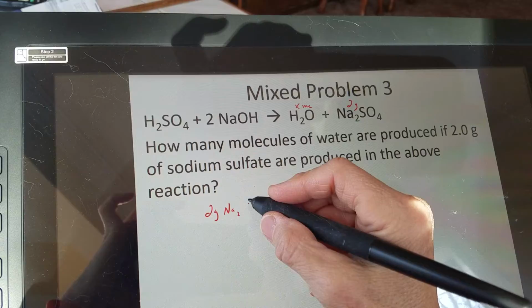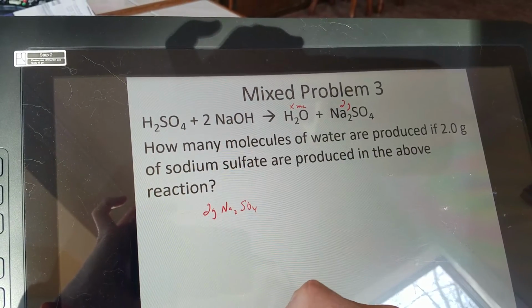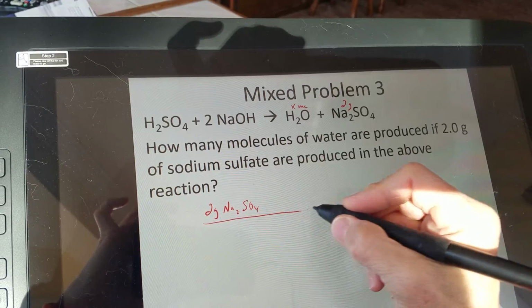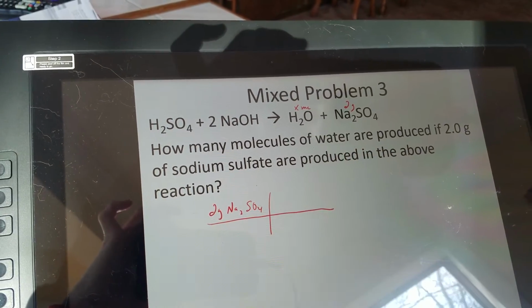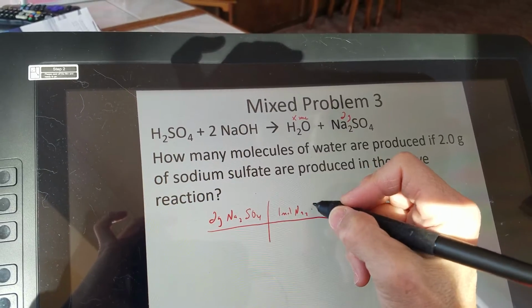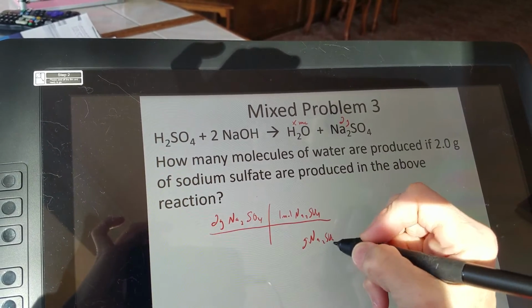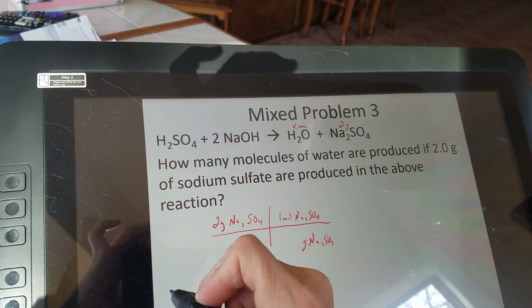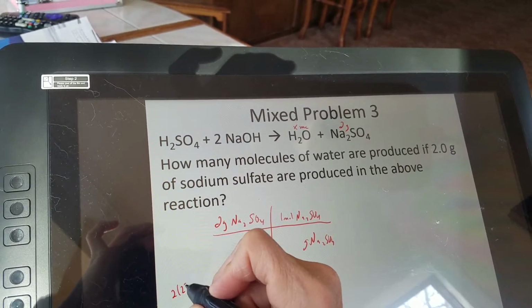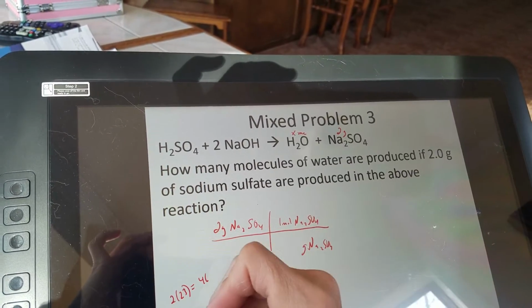So, as before, we want to get our grams to moles. Whatever you start with, take it to moles. So we know 1 mole of sodium sulfate is equal to its gram formula mass. So we'll have to calculate that. We have 2 sodiums, so 2 sodiums is 23 times 2, or 46. We have 1 sulfur, which is 32.